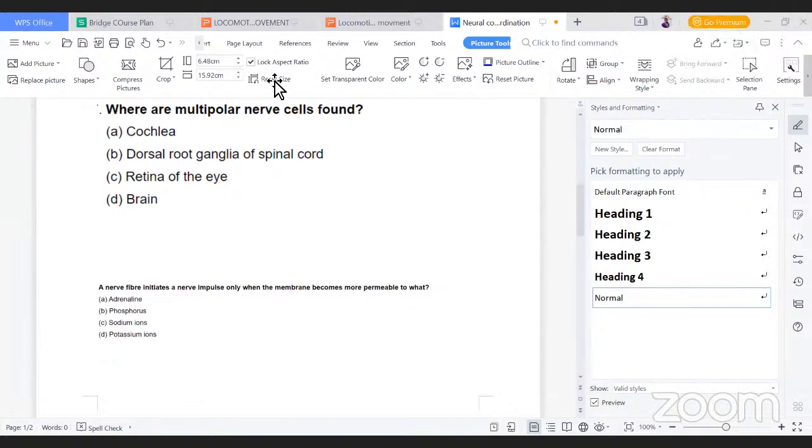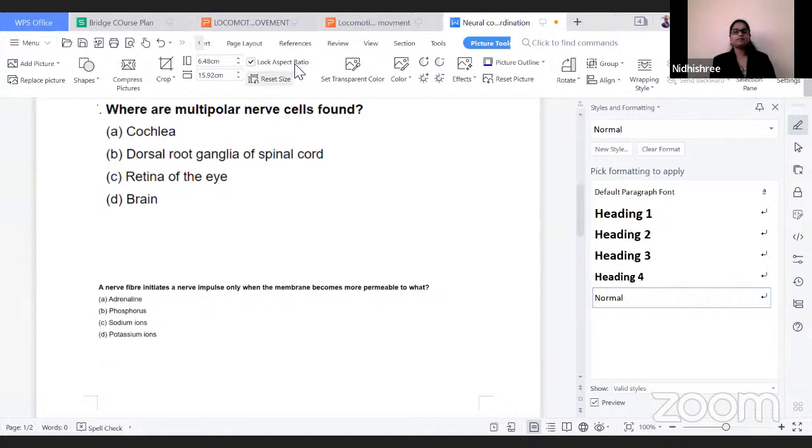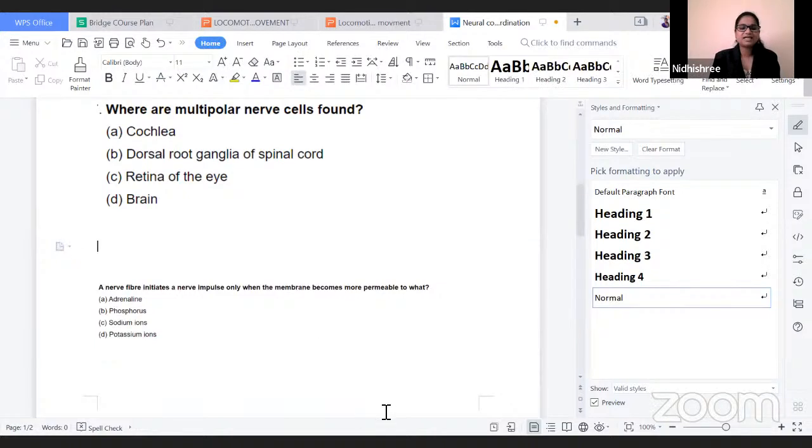Okay, thank you. So here the answer is option C, that is sodium ions.